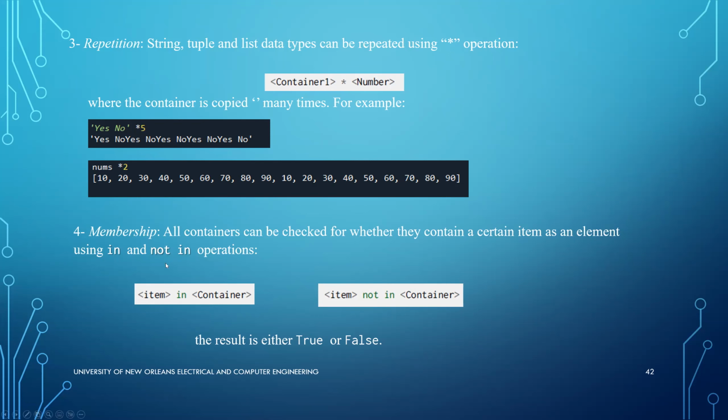If I'm looking for a certain item in a container, I can search using this operation, or I can also look the other way around and say, well, is the item not in the container? In either case, the result is a Boolean. So the result of using in or not in will either be true or false.